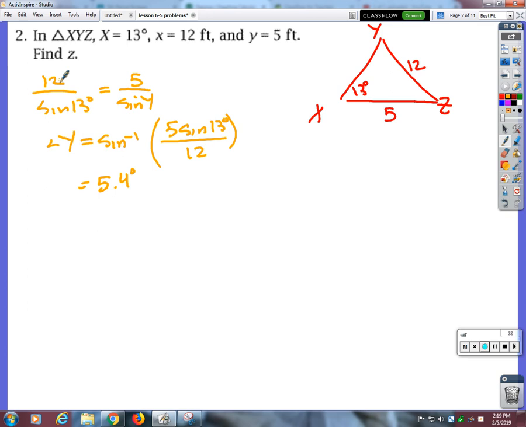So I have to do the inverse sine of that. No, it's not. I see what you're asking about. Because what I'm solving for when I do that cross multiplying, what I end up with is the sine of Y. So I have to do the inverse sine of that to figure out what the angle actually is.